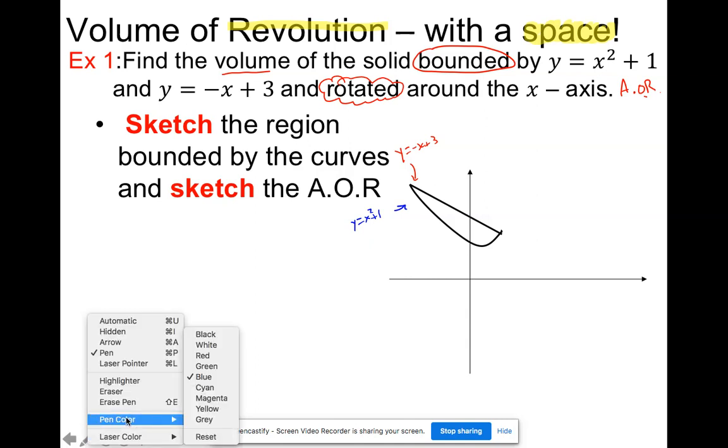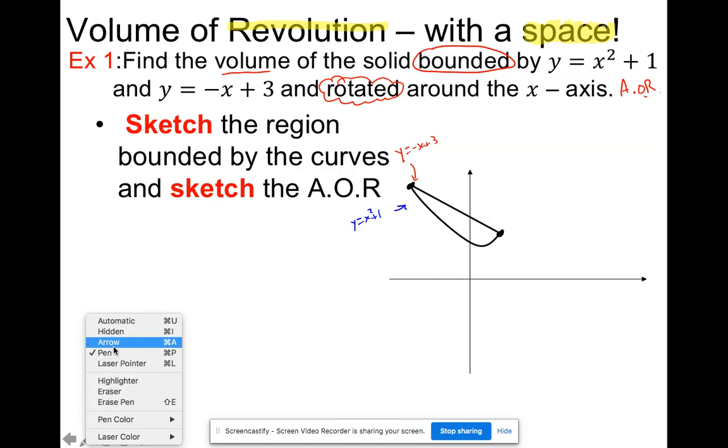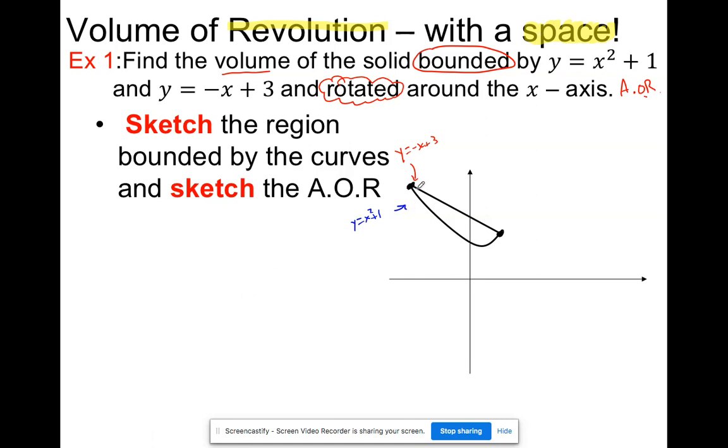And I chopped it off where they met. So the bounded area between them is how I'm going to start. And I'm going to use this area to find the volume. So my axis of rotation is the x-axis.